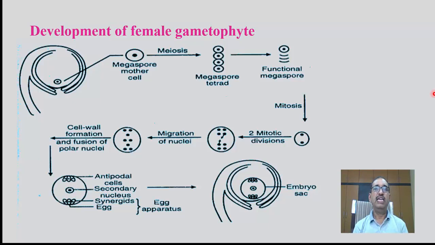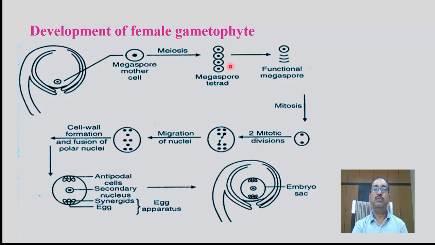Then we are going to see the diagrammatic development of female gametophyte. Here, one of the cells of the nucellus toward the micropylar end becomes conspicuous and acts as megaspore mother cell. This megaspore mother cell undergoes meiosis to form a row of 4 haploid megaspores, called megaspore tetrad.